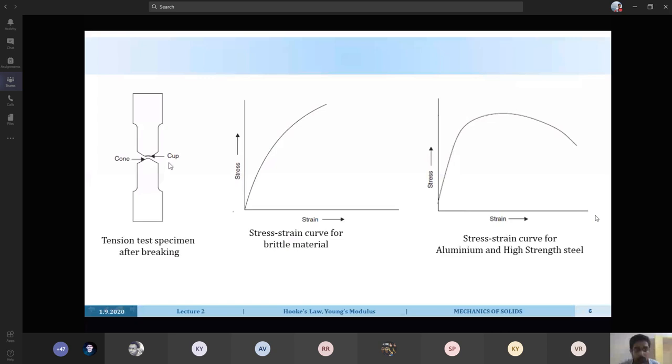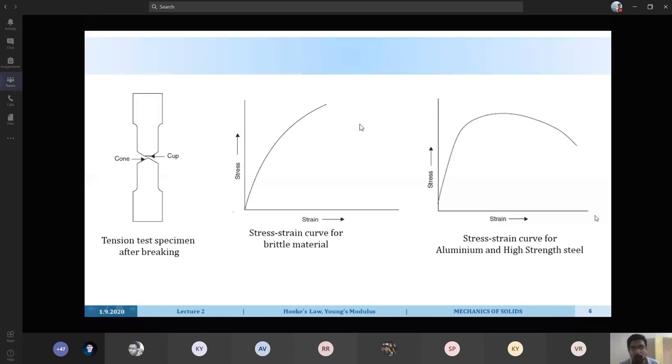So we can see that, for example, for a brittle material and for aluminium and high strength steel, the stress strain curves are plotted here. In these two figures, the common factor is that there is no clear-cut yield point. So what does that mean?